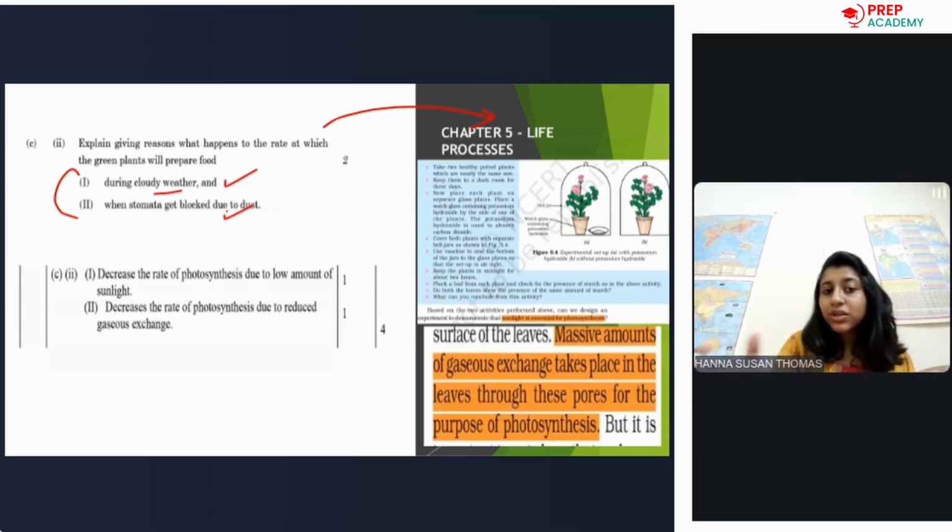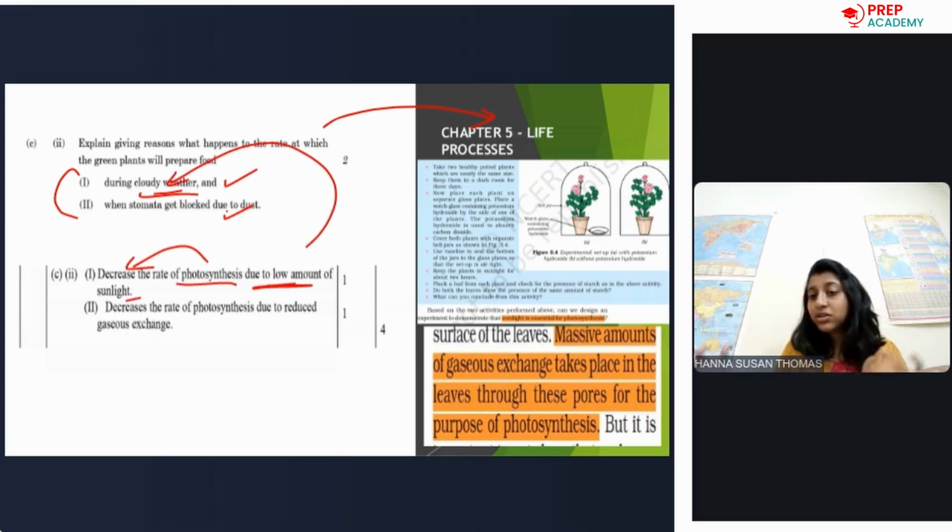So what happens to the rate at which the green plants will prepare food during cloudy weather? The rate will decrease, right? During cloudy weather, the sunlight received by green plants is minimal to zero, so obviously the rate of photosynthesis will decrease due to the low amount of sunlight.